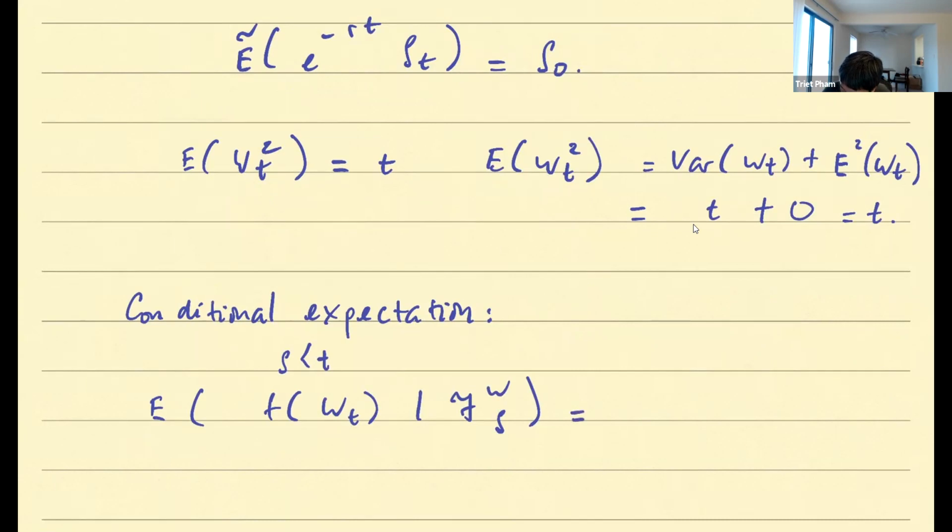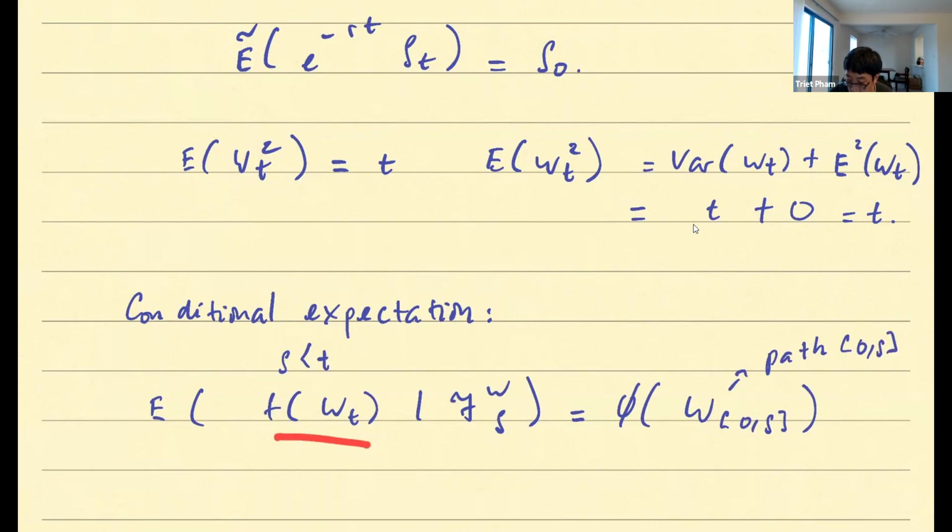First of all, it will be another function of the W path from 0 to S. This is just an abstract notation; it means the whole path of W from 0 to S, because you condition on the whole history up to time S. Whatever conditional expectation you're doing, you take the whole information that you have available and map it with some function, and then you get this conditional expectation.